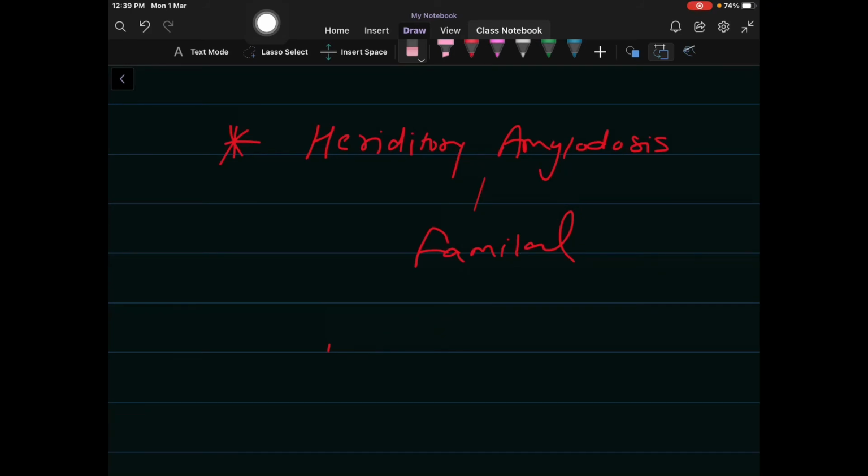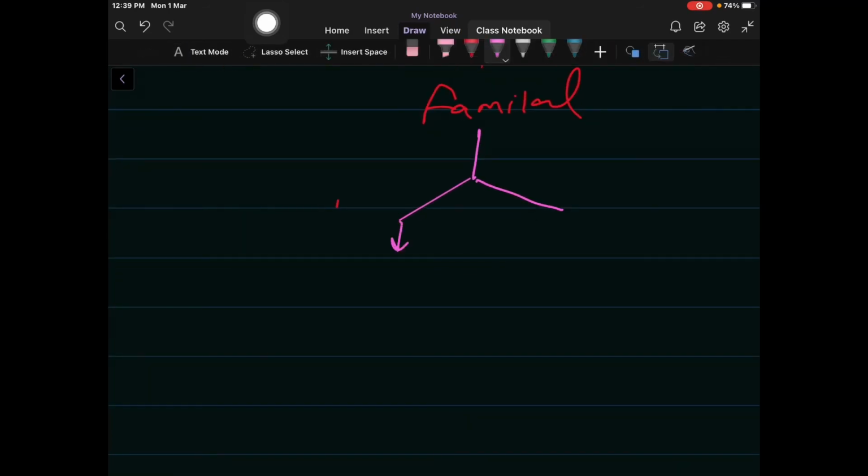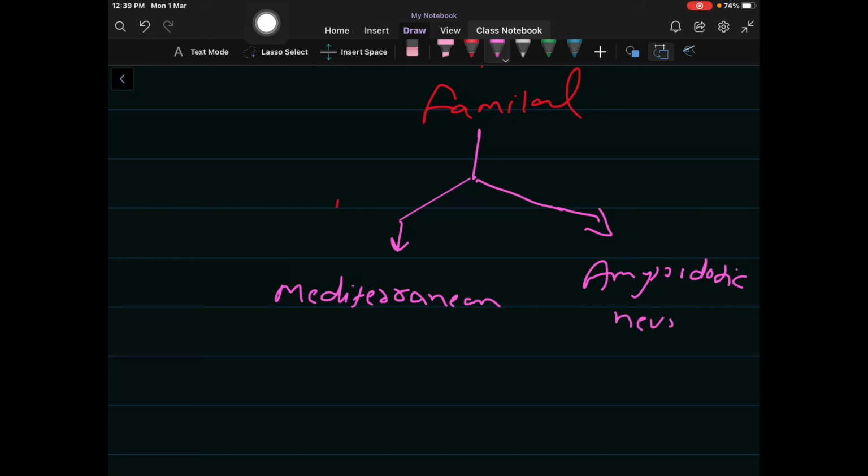Let us discuss that. The first includes the Mediterranean. And the second one includes the amyloidotic neuropathies.